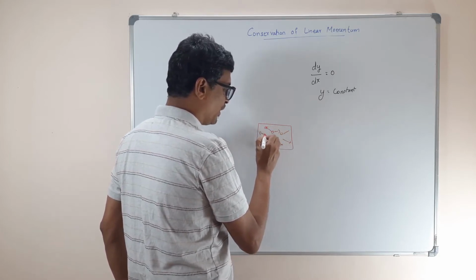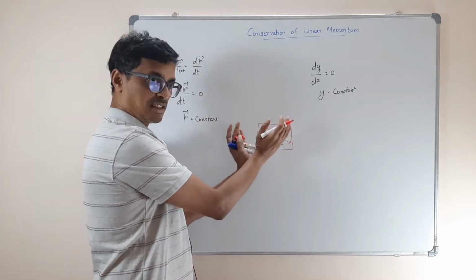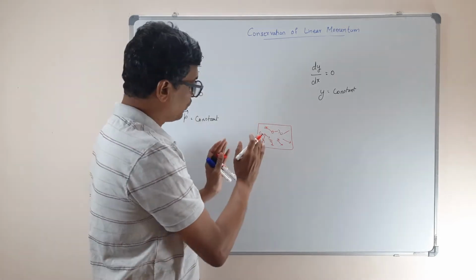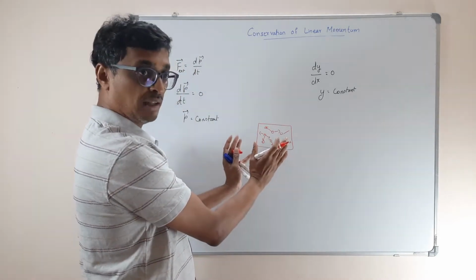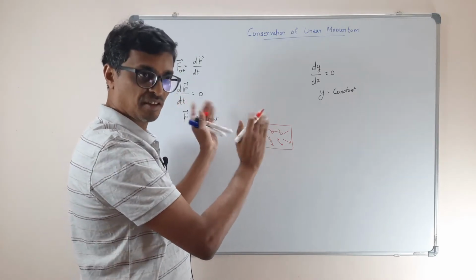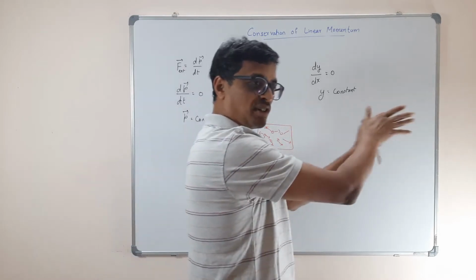This collection of molecules in the box is a system. When you see it as a whole, there won't be any net change in momentum. All these molecules are not going to hit the wall and push the box to one side.